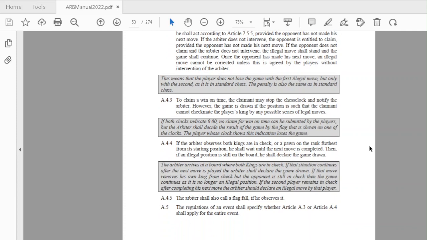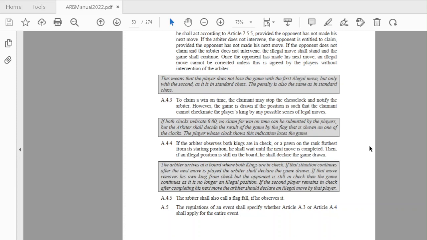So that's a bit of a difference between Blitz and Rapid to standard. Coloring it in a bit: the arbiter arrives at a board where both kings are in check, which doesn't make sense. If that situation continues after the next move is played, the arbiter shall declare the game a draw.